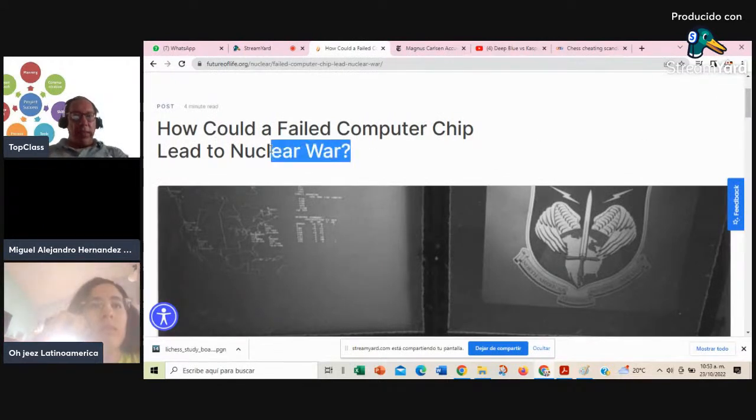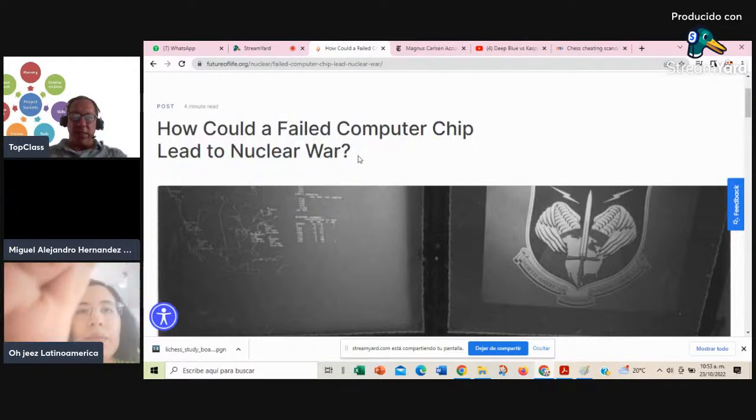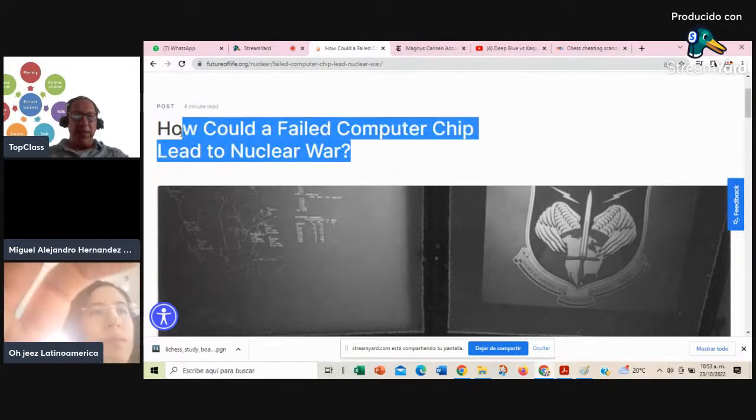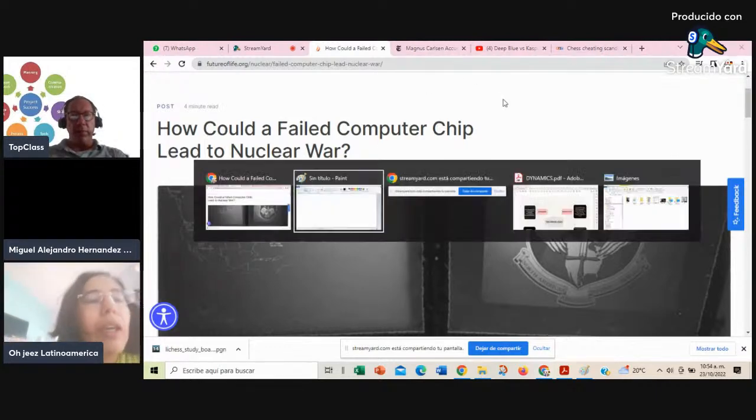If you read the heading of this article, Mitch, and Mickey, what would you guess the idea behind this article is? How could a failed computer chip lead to a nuclear war?